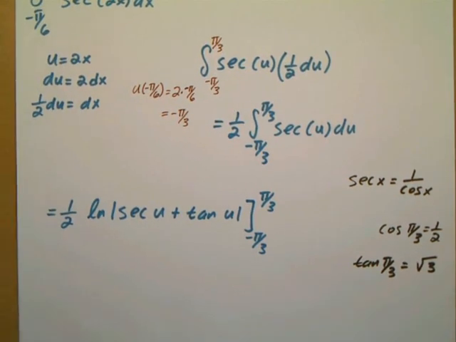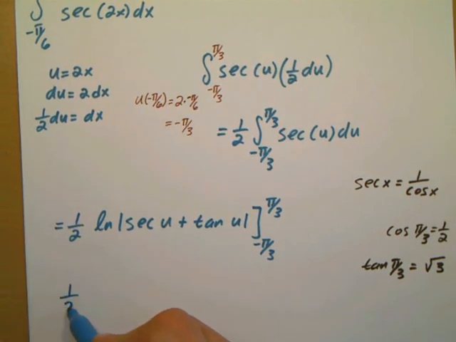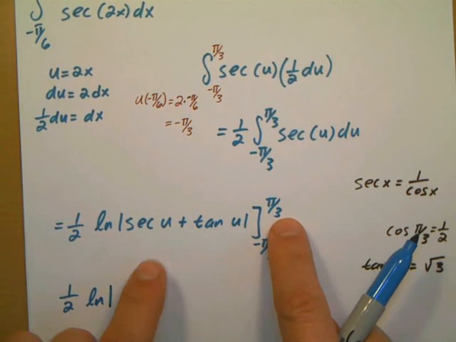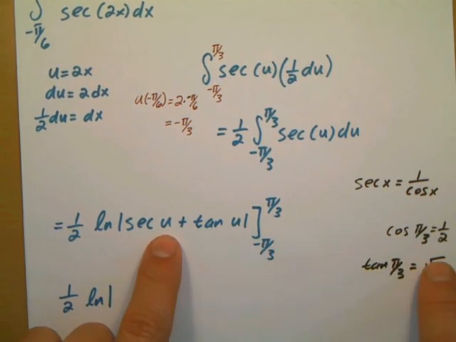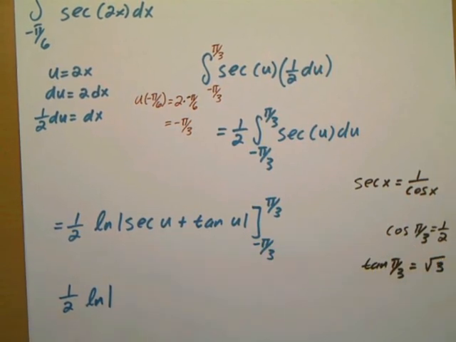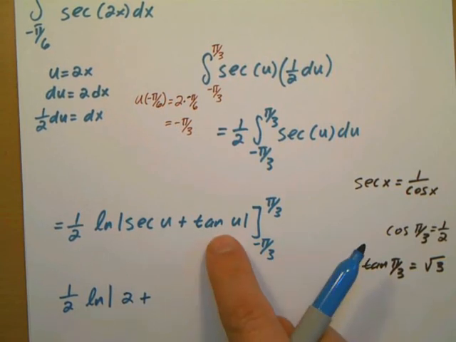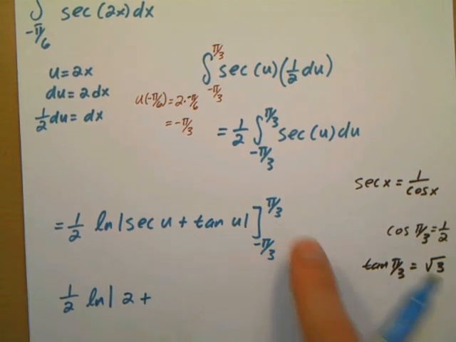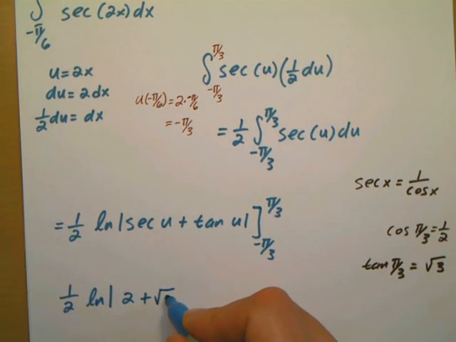Alright. So when I go to evaluate this, it's going to be 1/2 ln. When I plug in secant of pi over 3, it's a reciprocal of 1/2, so it's going to be 2 plus, and then tangent is square root of 3.